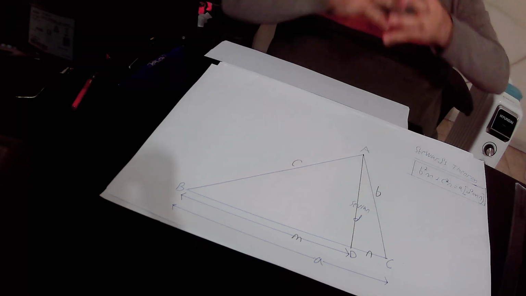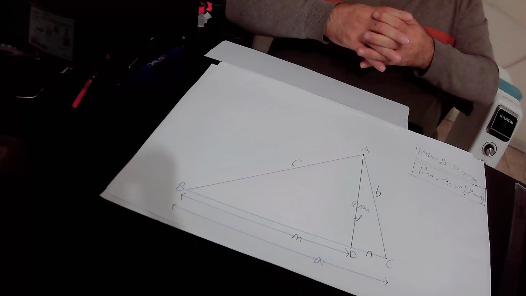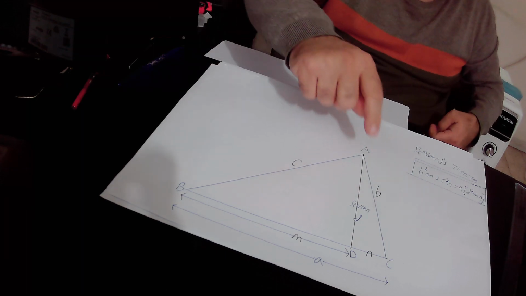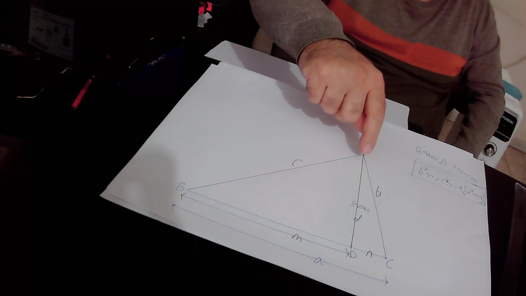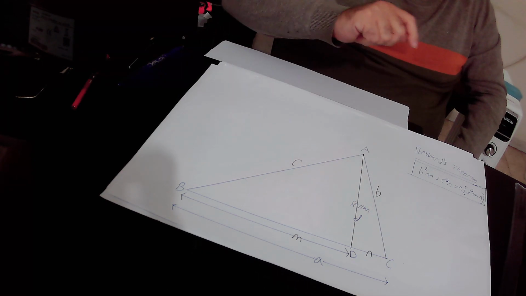So I repeat again, Stewart's theorem yields a relation between the lengths of the sides in the triangle and the length of its cevian. The length of the cevian AD equals d units.